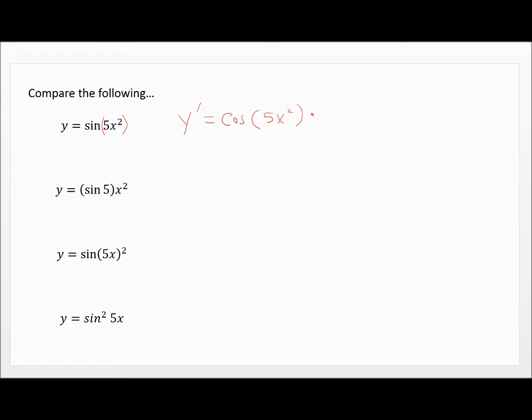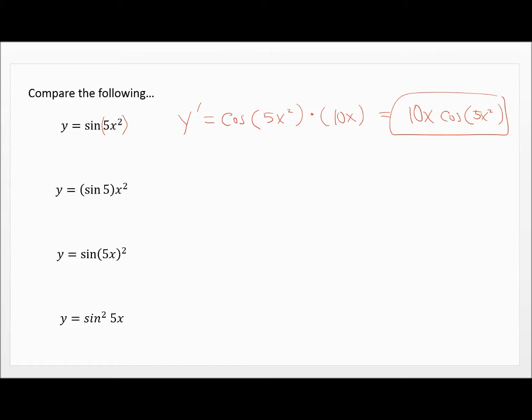Y'all know the derivative of 5x squared is 10x. You've done that enough. And when I rewrite that, again, we like our constant multiple in front of our trig function, so 10x cosine of 5x squared, where the parentheses around the 5x squared are not required, but definitely desired.